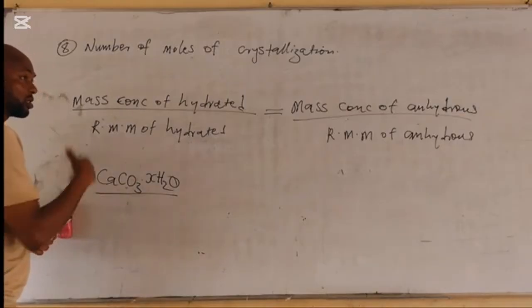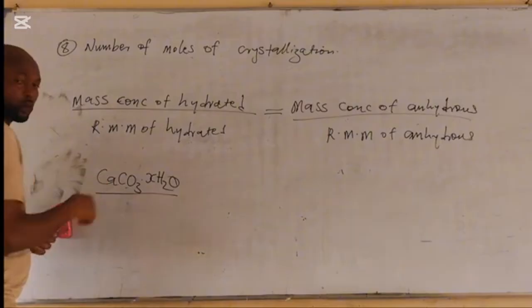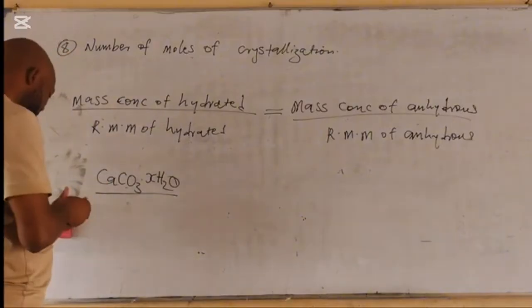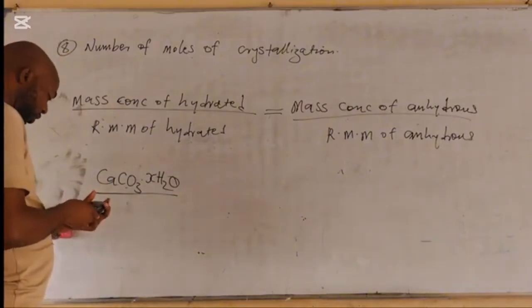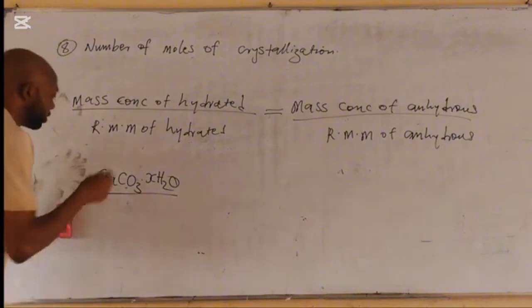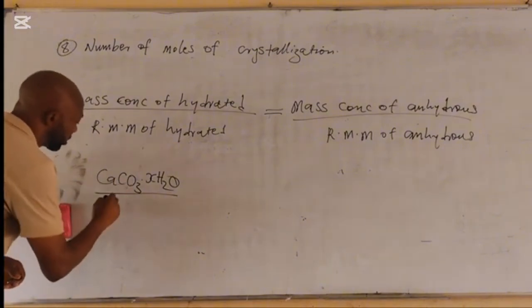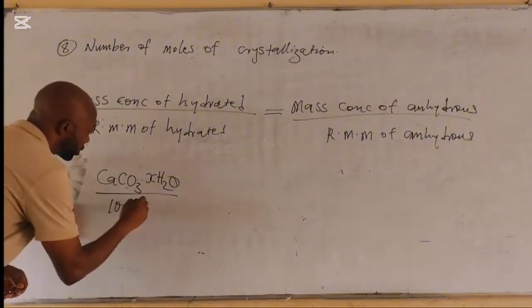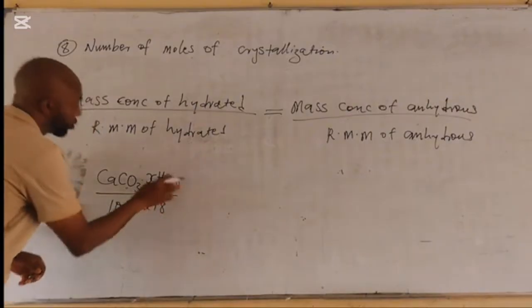Calcium is 40 plus 12 plus 48 is 100. So this will be over 100. 100 here plus X times 18, which is this.